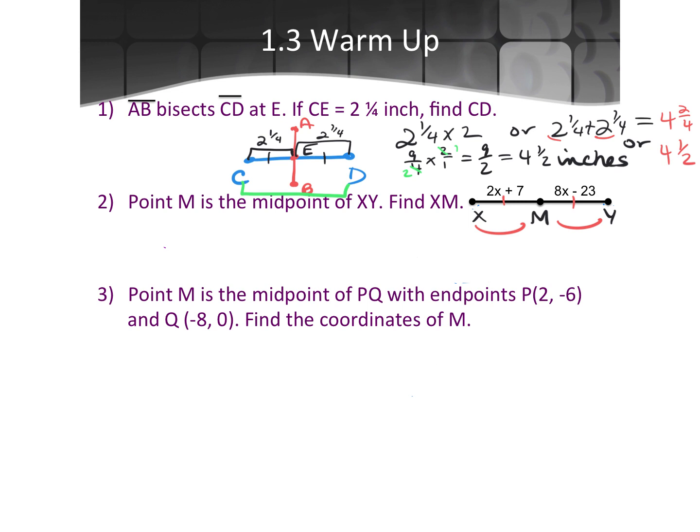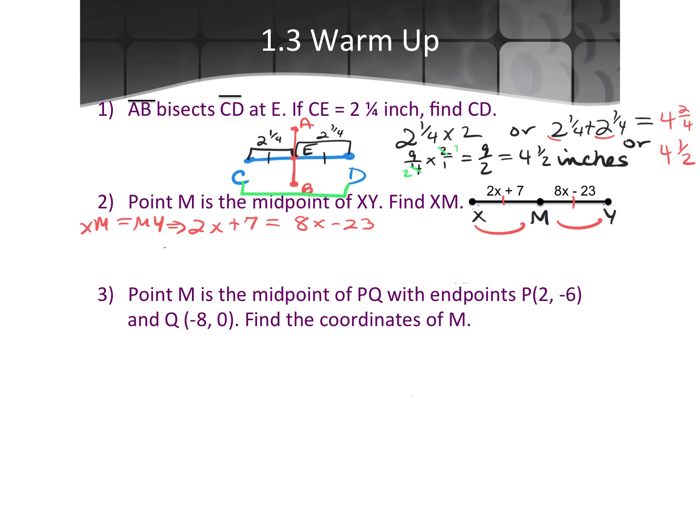In order to find the length of XM, I need to first find the value of X. So I'm going to set 2X plus 7 equal to 8X minus 23. Again, it's really important that you're showing that you understand the concept of what a midpoint means. Essentially, XM is equal to MY, and that's what I set up here. And now I need to solve for X.